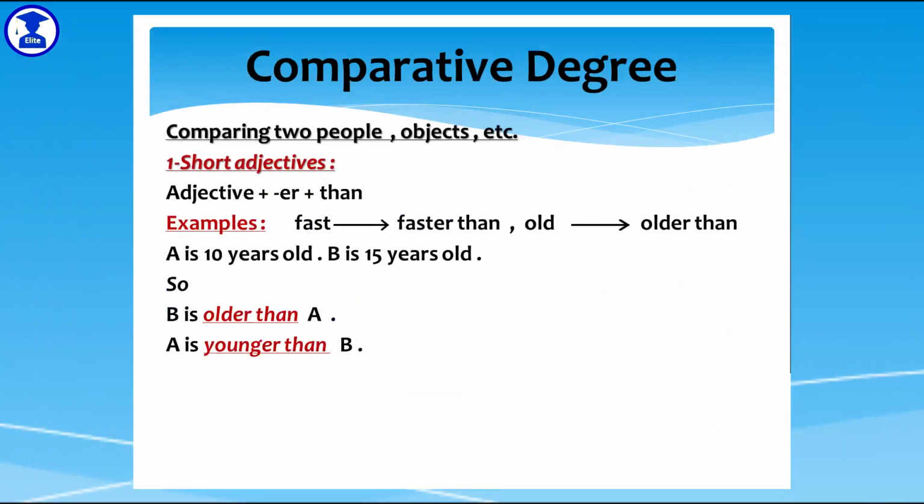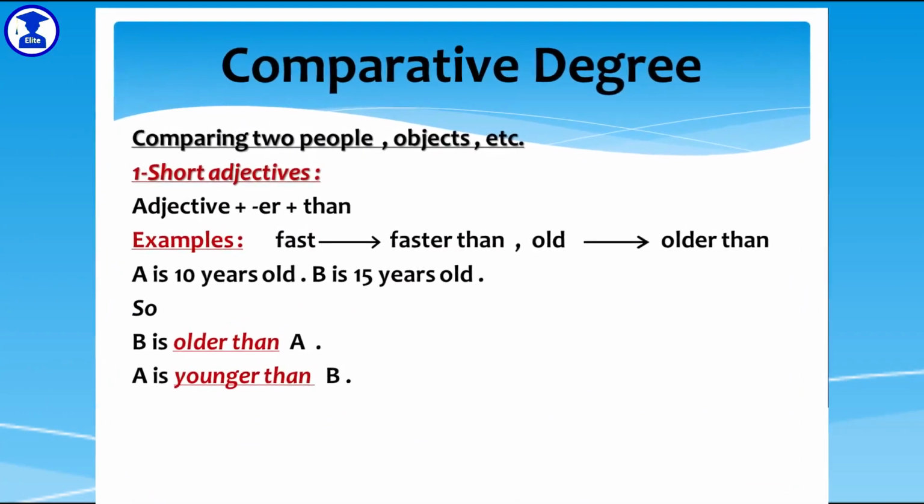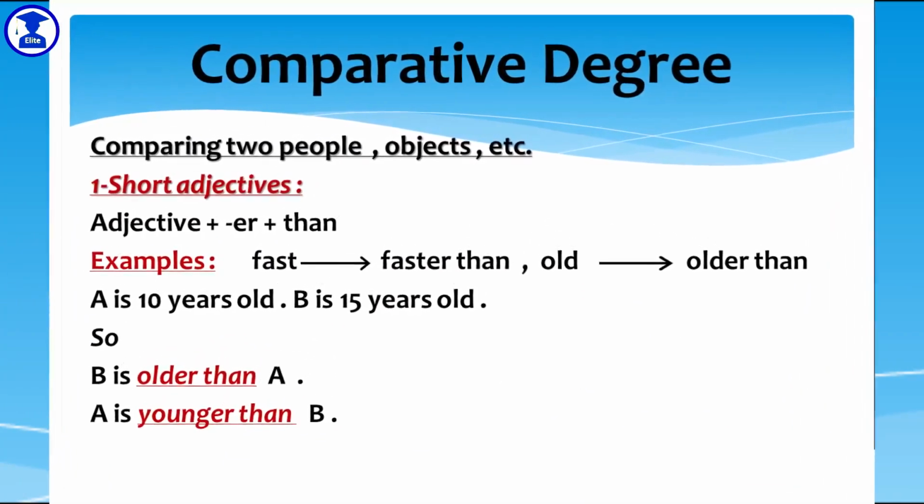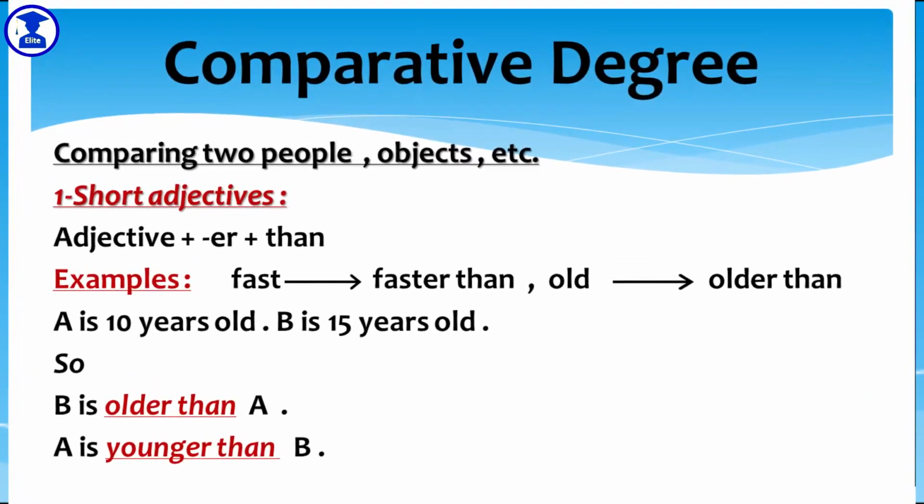We use the comparative degree of adjectives when we compare two people, two objects, two things, etc. In short adjectives, we can add er to the adjective, er than. For example, fast, faster than.